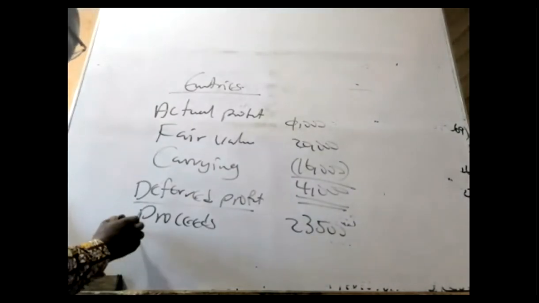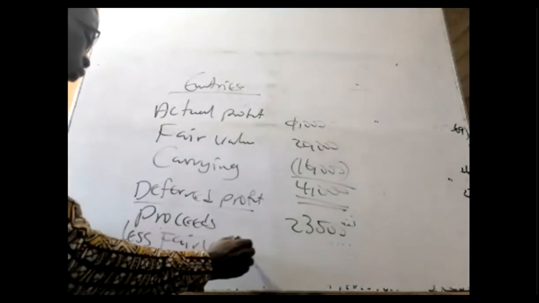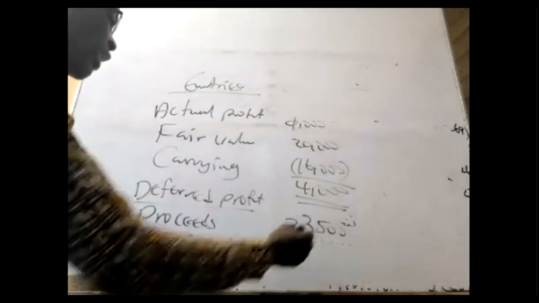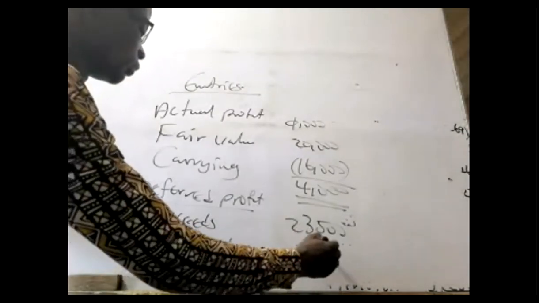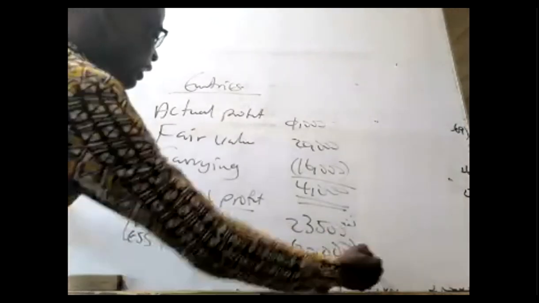So the proceeds, that's the sale amount, which is 23,500, less the fair value. The fair value here happens to be 20,000. So therefore, the deferred gain or the notional profit happens to be 3,500.